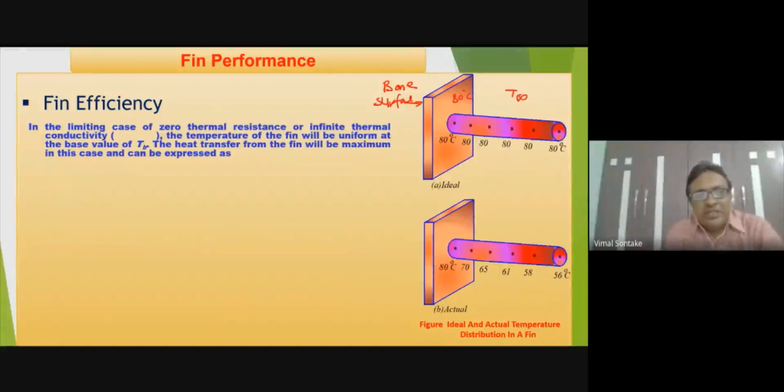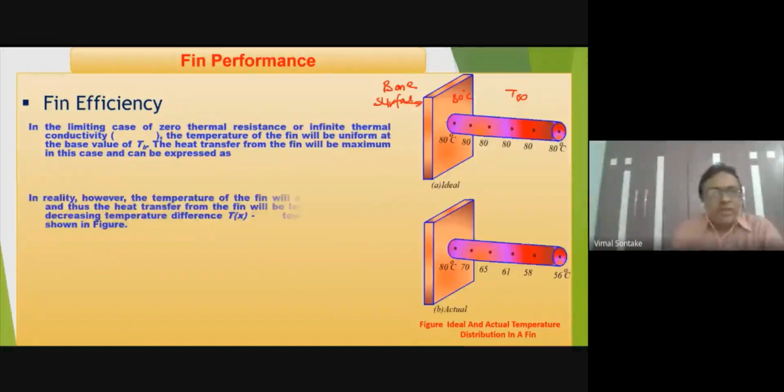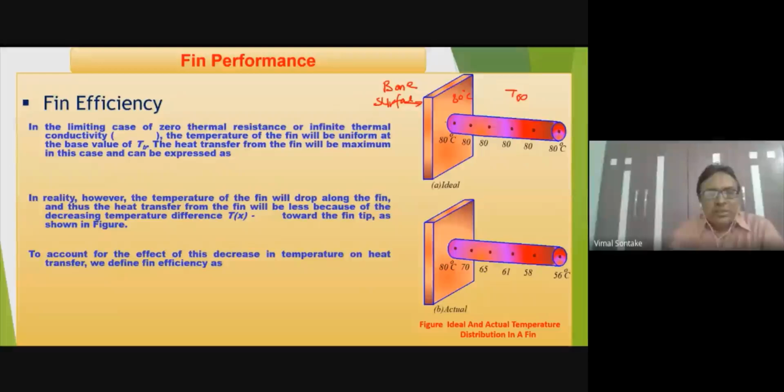Under such condition, heat transfer from the fin surface will be maximum, and we can calculate this heat transfer using the expression Q fin max is equal to h A fin into (Tb minus T infinity).